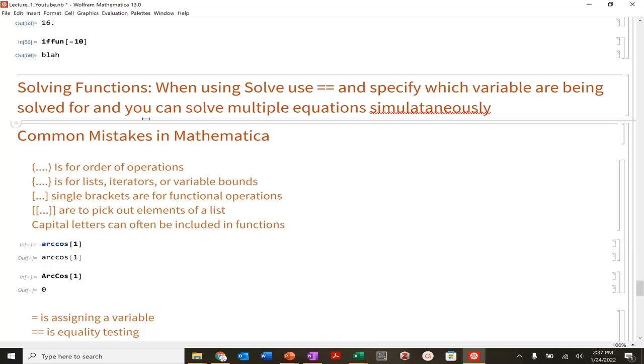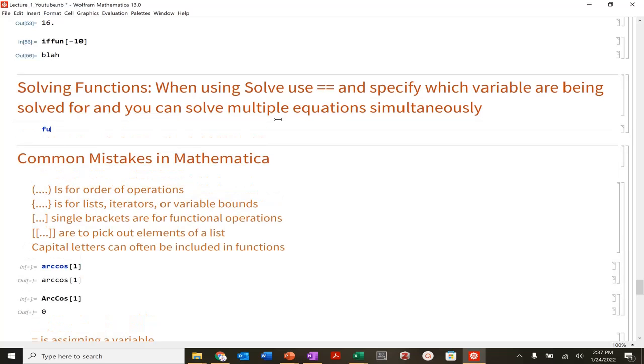Now, finally, we are going to get into solving functions and using our Solve and our double equal signs that we talked about previously. So let's look at some functions.